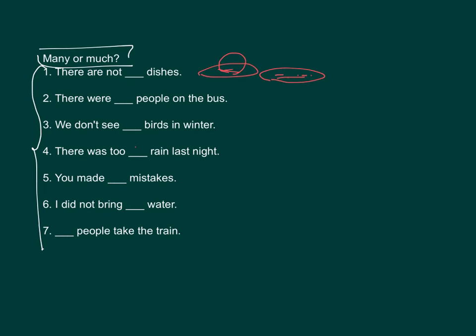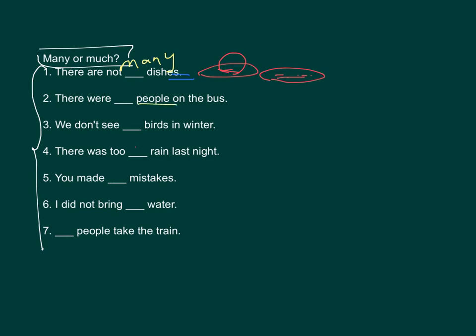Okay, let me ask you some questions. Can we count dishes? Yeah, as I mentioned, something if you can add S after that, perhaps, and in many cases, it is countable. So once it is countable, the answer is simple. Just put it many dishes. Okay? The second question, can we count people here?